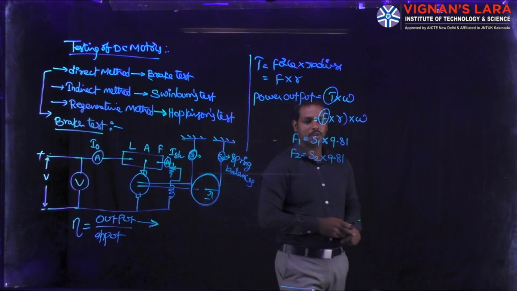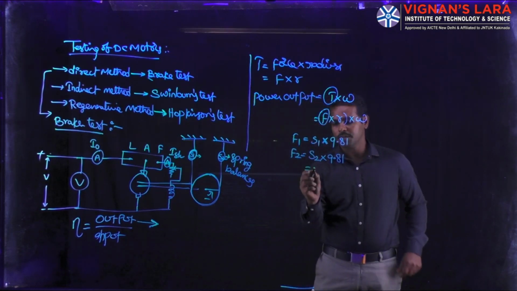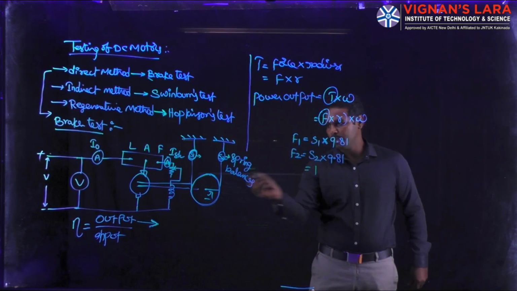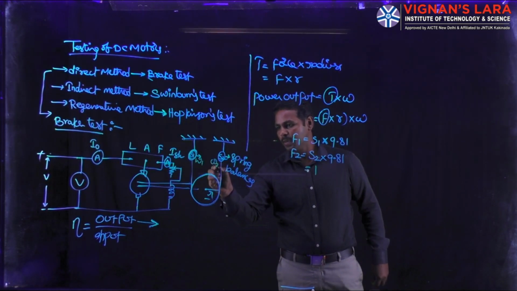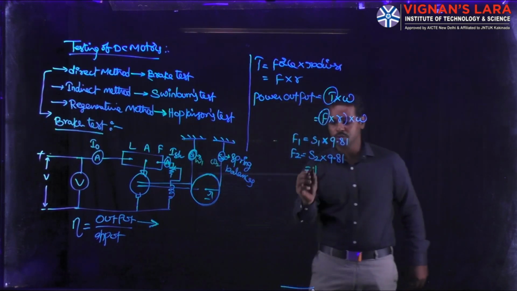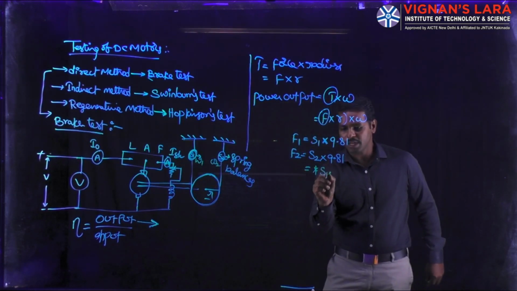So the resultant force is equal to, for example, the weight of the spring balances denoted by W1 and W2, or S1 and S2. So in this, S1 minus S2.